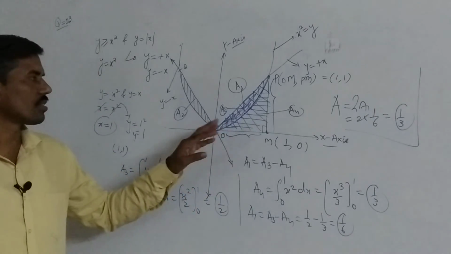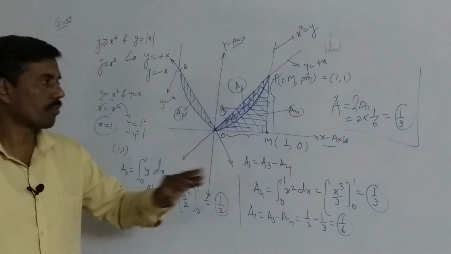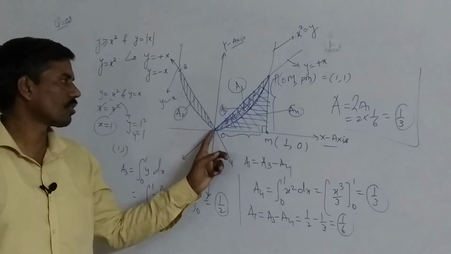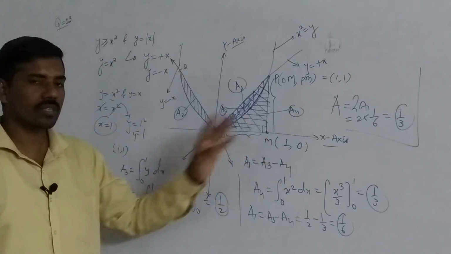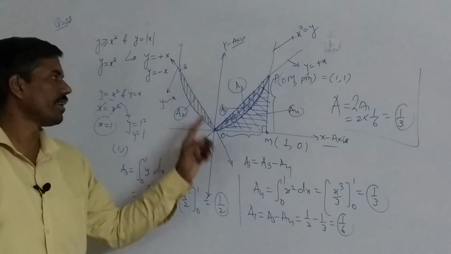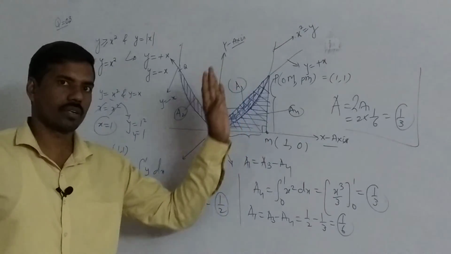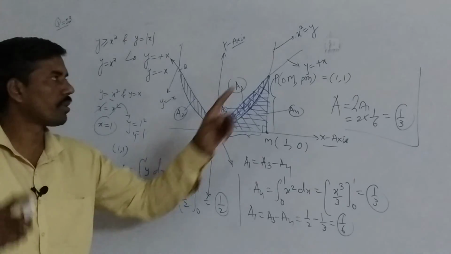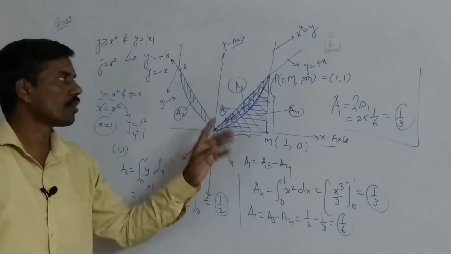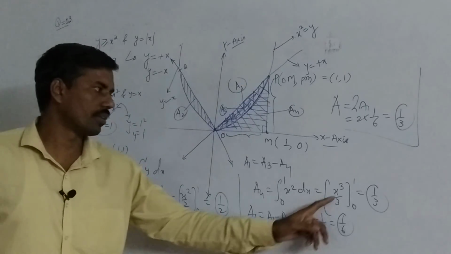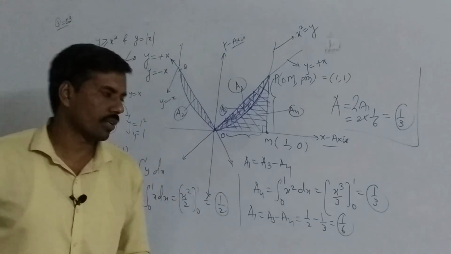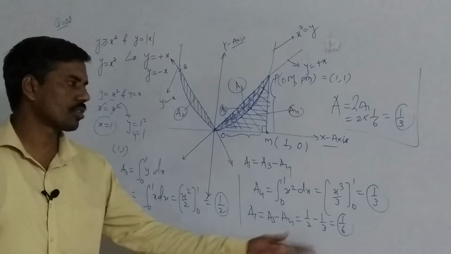A3 is formed by the straight line from x equal to 0 to x equal to 1. And A4 is the region formed by x is equal to 0 to x is equal to 1 and the curve, meaning the parabola. This portion is the part of the parabola, that is x cube upon 3, 1 by 3. So A1 is equal to A3 minus A4, 1 by 6.